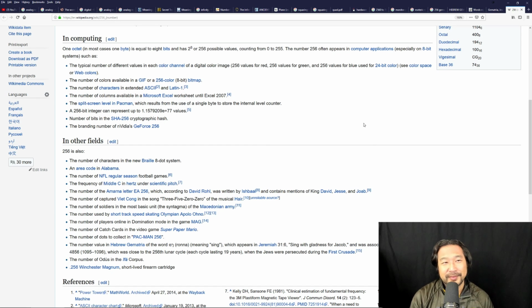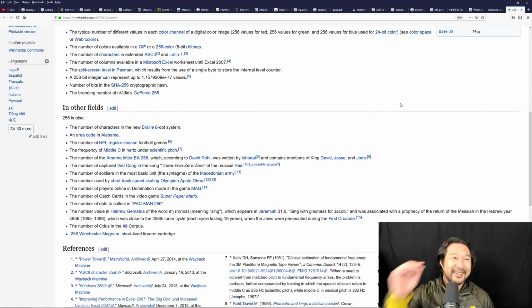Yeah, I knew that. The number of colors available in a GIF, or 256 color. The number of characters in extended ASCII and Latin 1. The number of columns available in the Microsoft Excel worksheet until Excel 2007. I totally forgot about that. I was like, oh man, only if we had more columns.